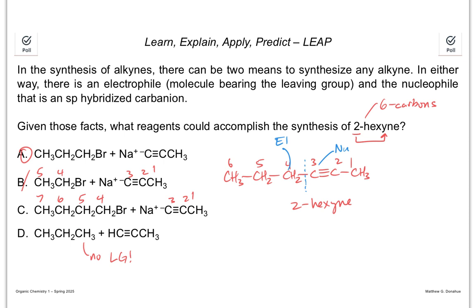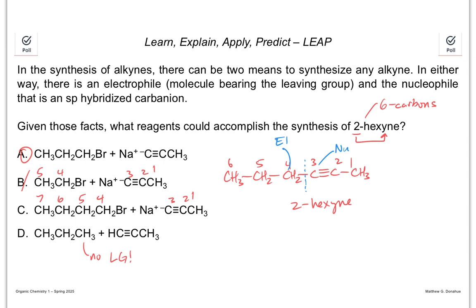What you're doing is isolating the triple bond. From the triple bond, you're then breaking the carbon bond next to it. In that first way, that sp3 carbon, we're breaking that and it's getting a leaving group, so that forms the propyl bromide.